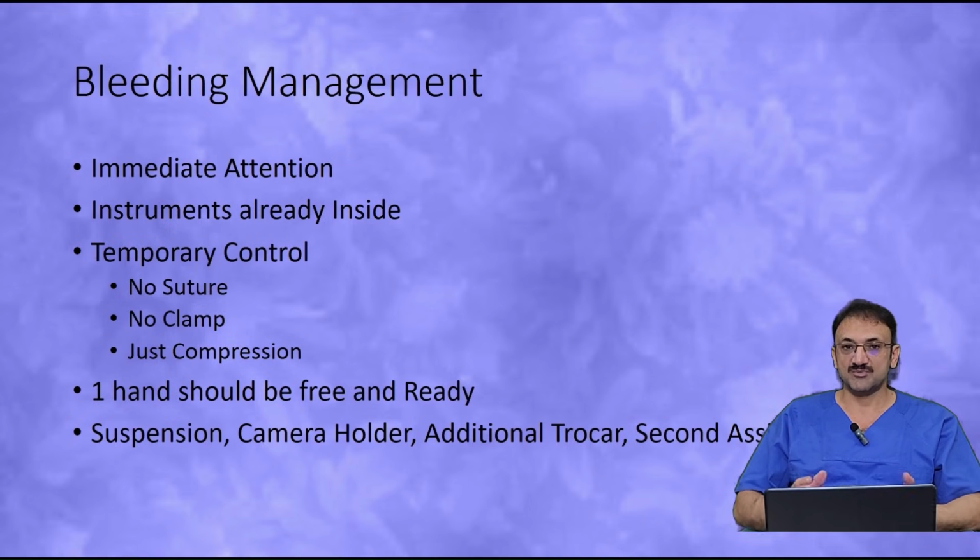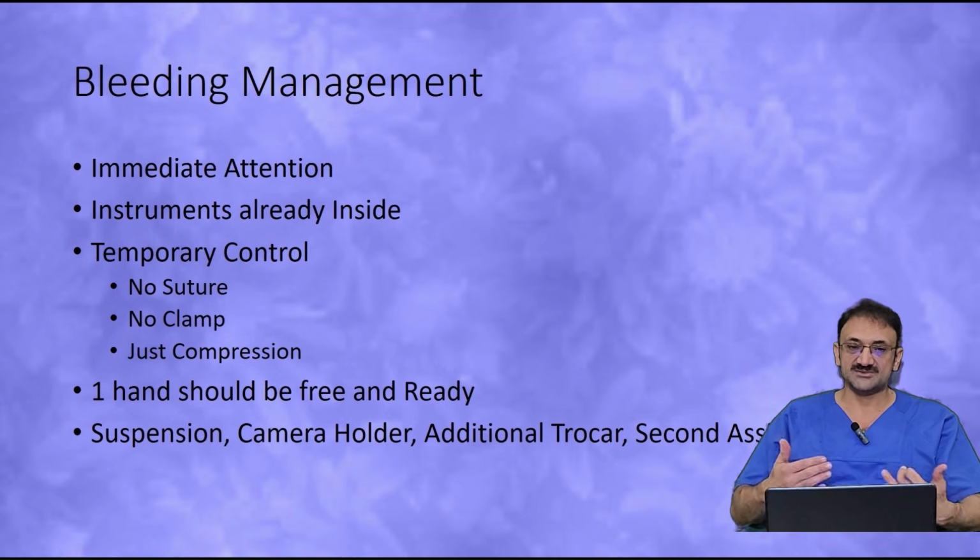If there is even a small bleeder, due to that pneumoperitoneum, the bleeder may not be obvious. So once you are done with the procedure and you remove all the gas from the abdomen and you come out, and then you see that there is a lot of drain coming, or the abdomen has gone distended, or the patient has become hemodynamically unstable.